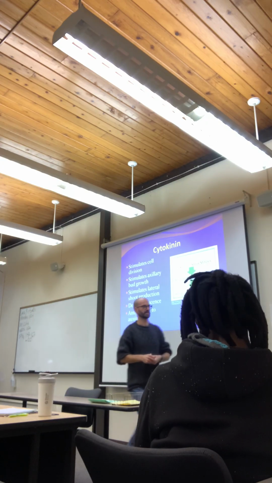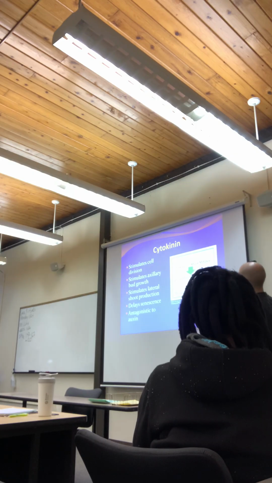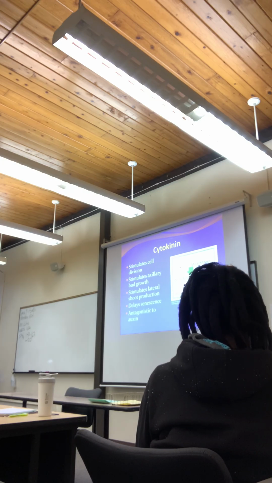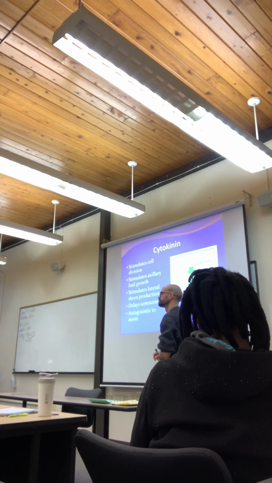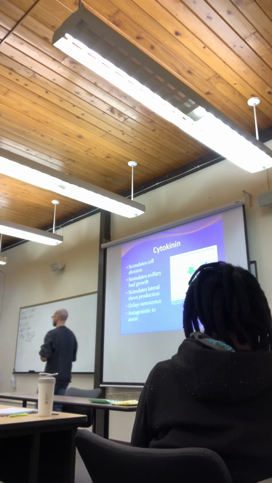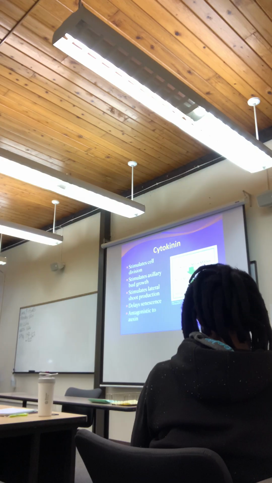So when there's more cytokinin, you're getting signals to grow more shoot and signals to inhibit the effects of the auxin. For sure. Do I understand correctly, kind of like the last slide, that it's not as correct to say it stimulates axillary bud growth as much as it stimulates formation of axillary buds?